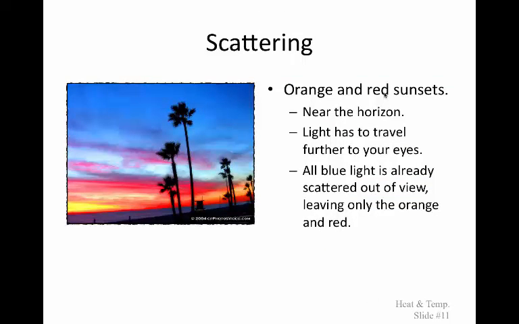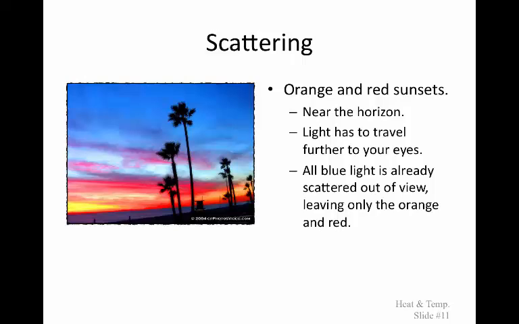So a lot of you have seen beautiful orange and red sunsets, and this is because of the position of the sun in the distant horizon. While the sun is setting, normally when the sun is up high and not in that position, the sky over there would look washed out, a whitish color. But now that the sun's positioned there, you start to see the longer wavelength spectrum of color from the visible light spectrum of the sun reaching your eyes.